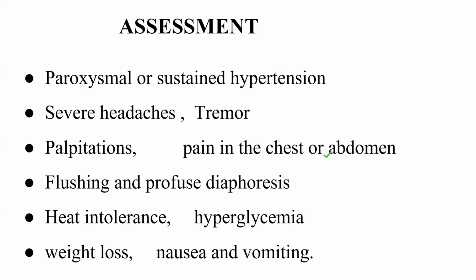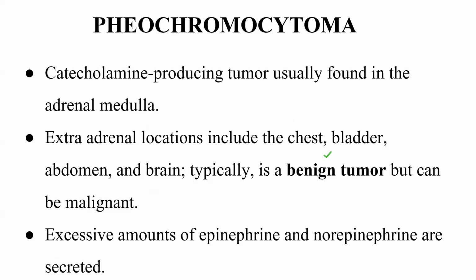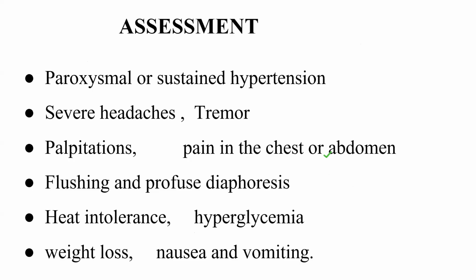Because this one is produced in excess amounts for this condition that we're talking about, pheochromocytoma, there's always an excessive amount of epinephrine. Hence, patient is always coming down with high blood pressure. So there's always severe headache, and patient could also have tremor.